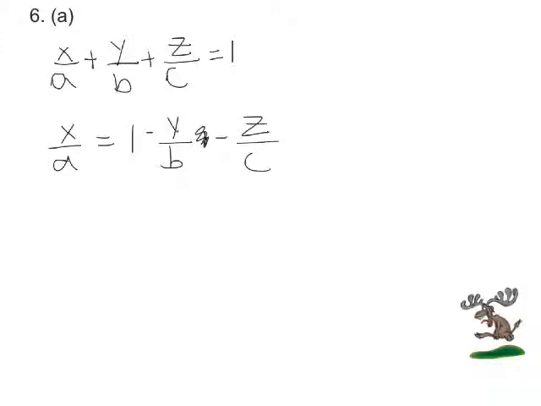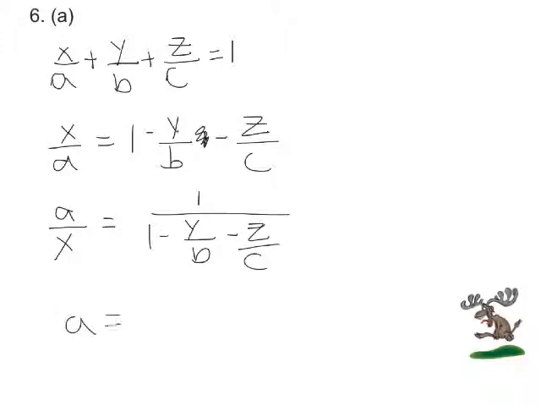And then what we can do is take the reciprocal of both sides, and effectively what we're getting is a way to isolate the a. And then finally we multiply the x across, and we get a equals x over 1 minus y over b minus z over c.